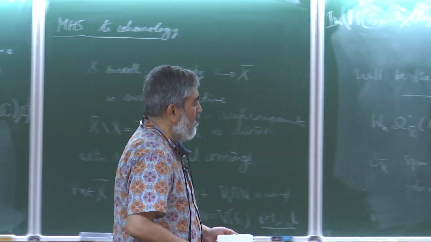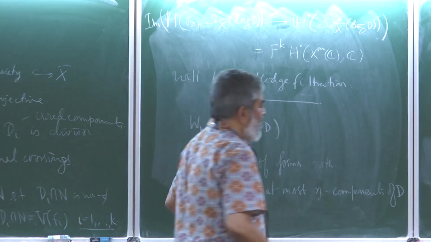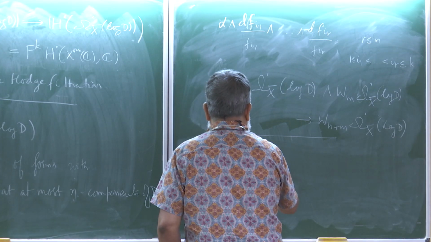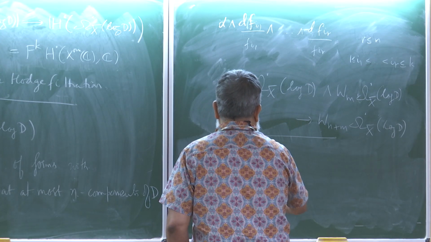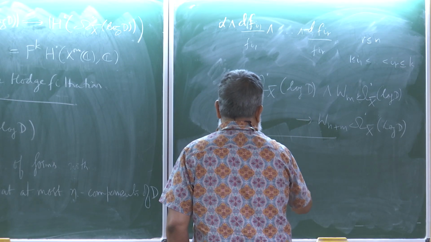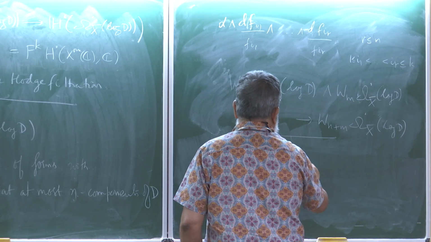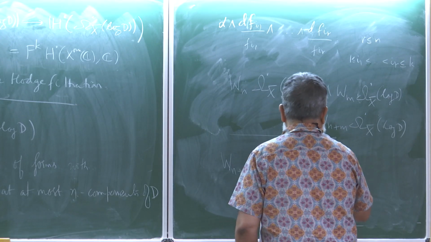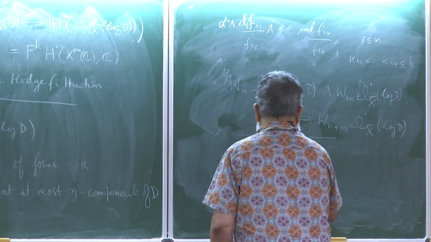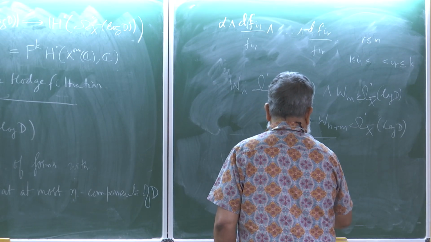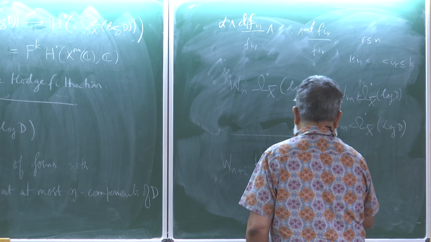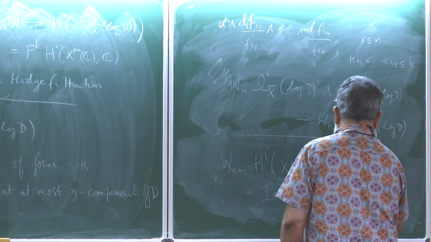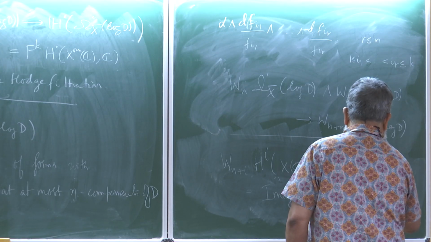Okay, so as Srinivas was pointing out, the definition is that W_{n+i} of H^i of X, C, whatever, is the image of H^i of W_n of omega dot log.